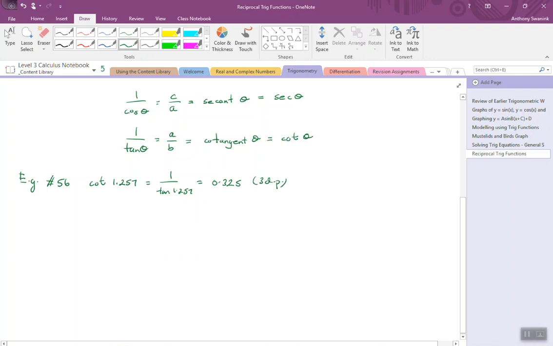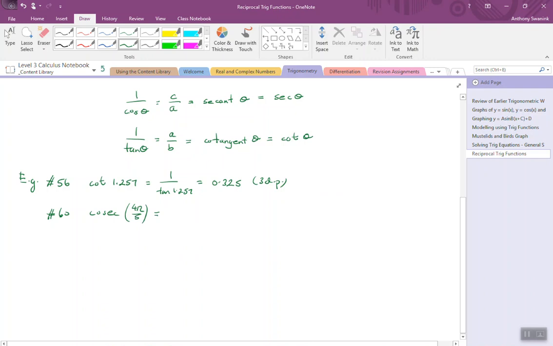Okay, and if we take one where you're given an exact value, for example question number 60, evaluate the cosec of 4 pi over 5. There's nothing really special about 4 pi over 5.